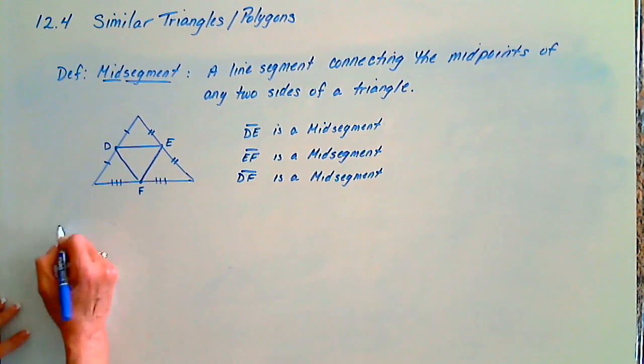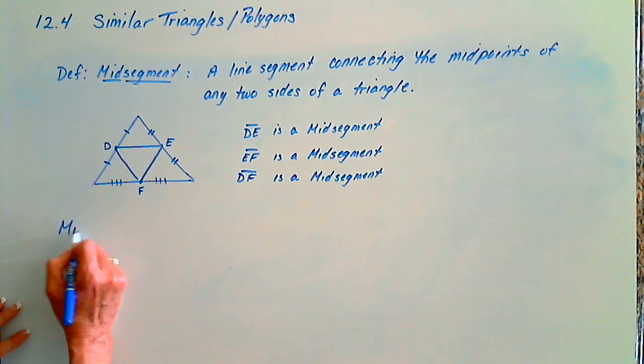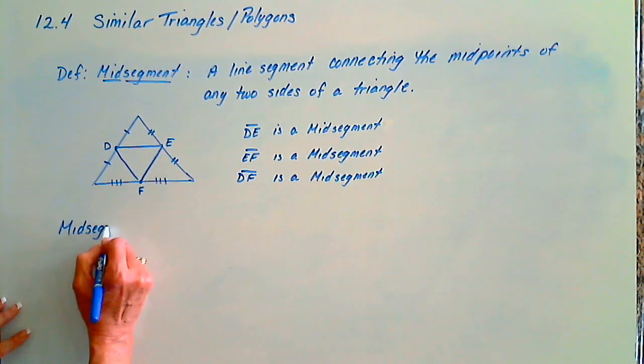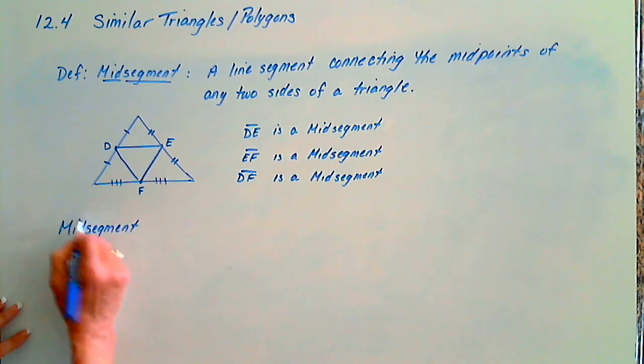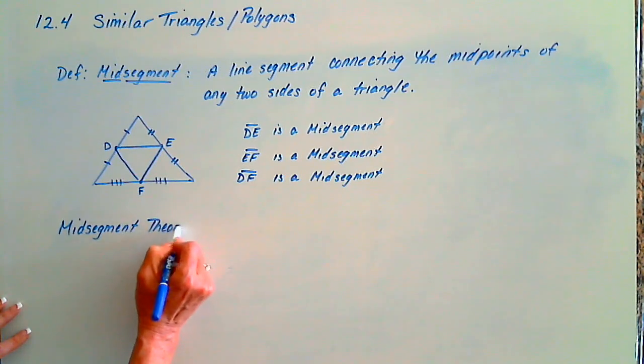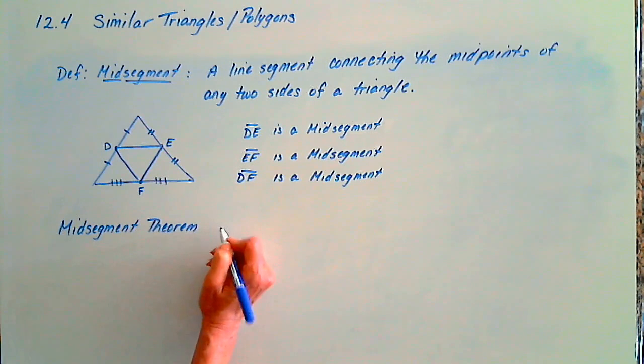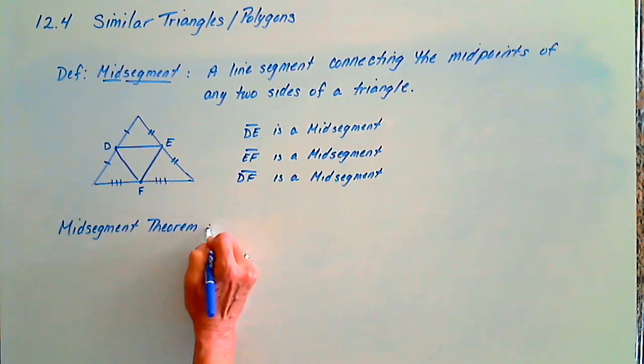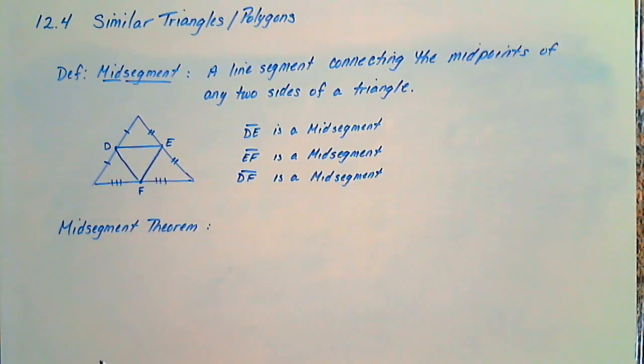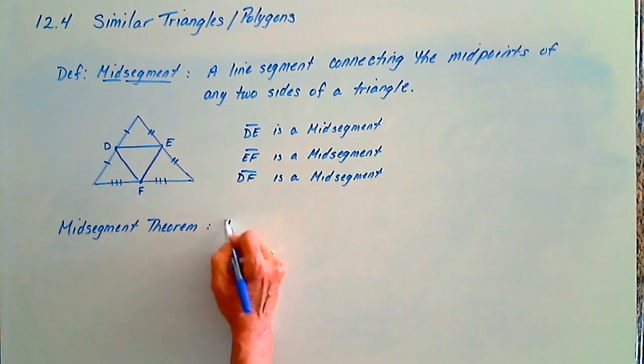So then we do have a midsegment theorem. The midsegment theorem of a triangle says the midsegment joining any two sides of a triangle is parallel to the third side and is half as long as the third side.